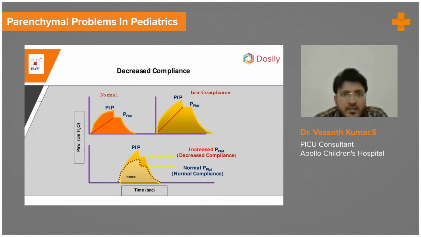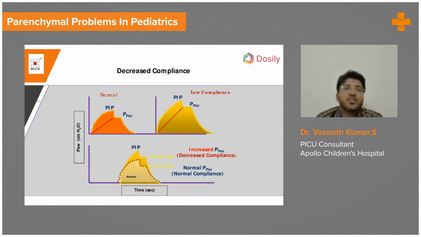So how do you identify decreased compliance on the ventilator? I think we have discussed this in the ventilator graphics and in the ARDS session. This is a volume control mode, the pressure time graph. The maximum pressure is called PIP. Once you put an inspiratory hold, you get a flattening, which is called P plateau. That indicates the alveolar pressure. The red line shown here, the portion above this is called the trans airway pressure.